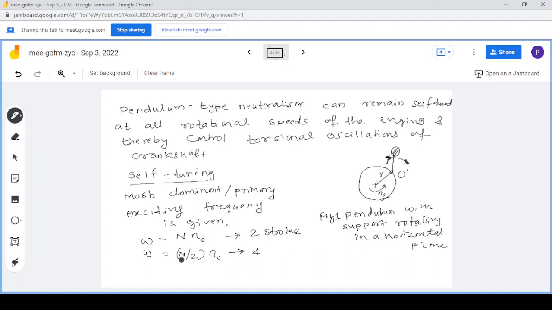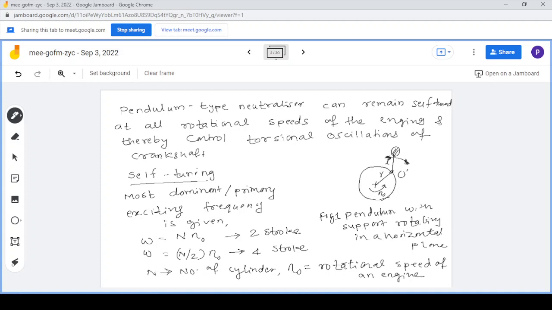So n0 is the rotational speed, and capital N is the number of cylinders. So n is the number of cylinders and n0 is the rotational speed of an engine.